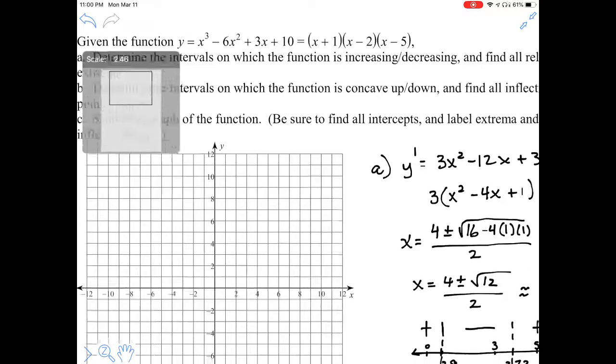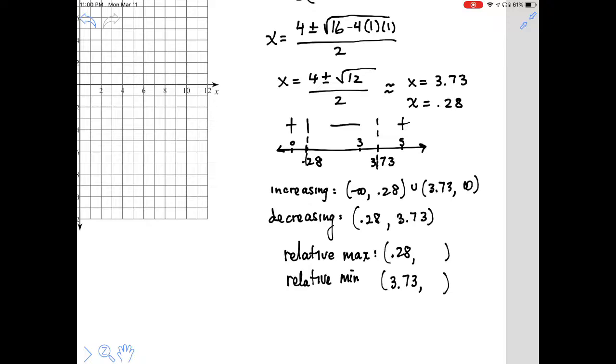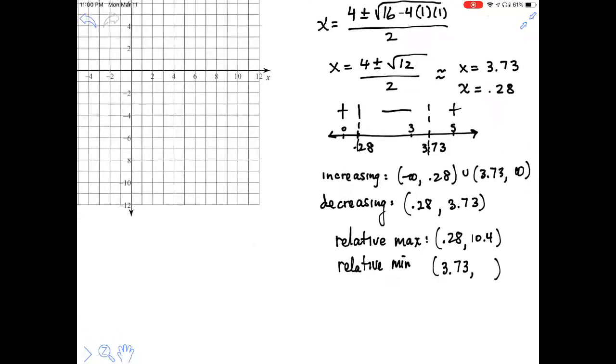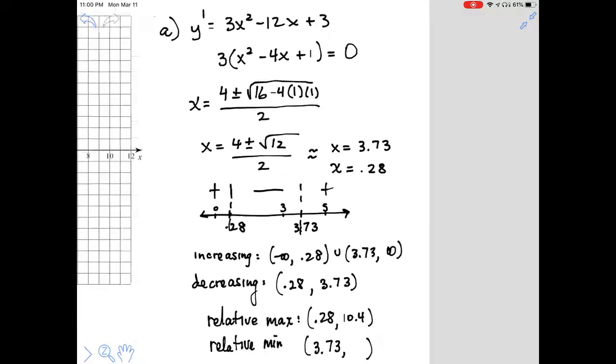That's about 10.4. And then doing the same thing for 3.73: 3.73 cubed minus 6 times 3.73 squared plus 3 times 3.73. So that's about negative 10.4.